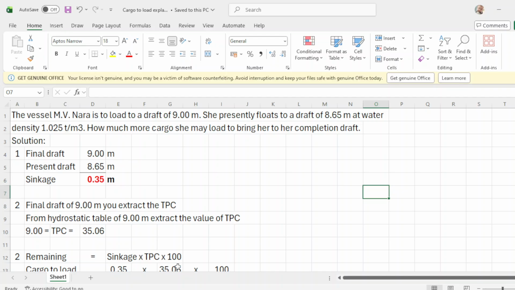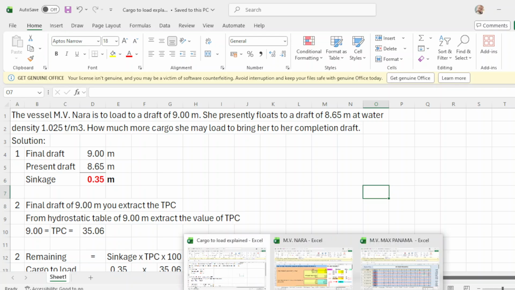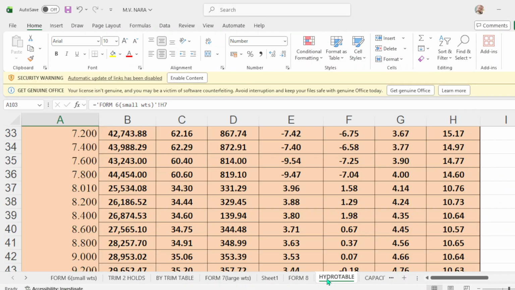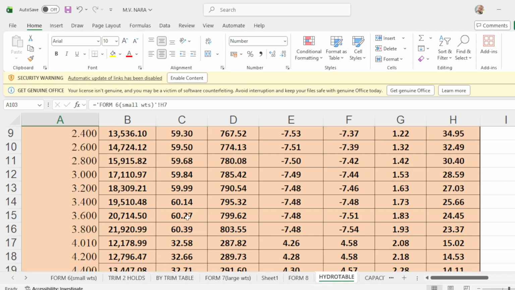Number two: from your departure draft of 9 meters, you extract the TPC from the hydrostatic table. So we go to the hydrostatic table, and we go to 9 meters. Where's TPC?